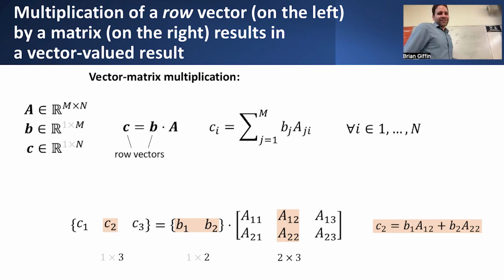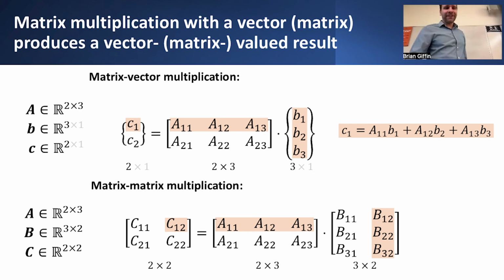The idea also generalizes to multiplying a vector times a matrix on the right-hand side. In the last slide, we were considering the opposite: take a matrix and multiply a vector on the right-hand side of it.